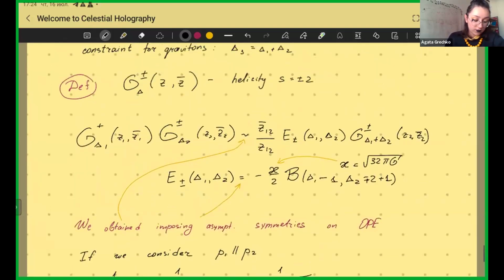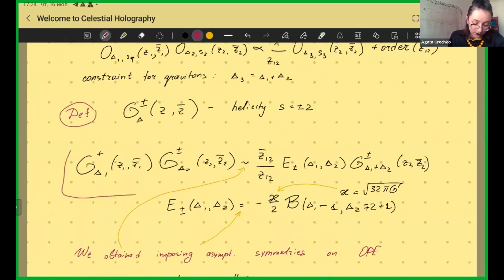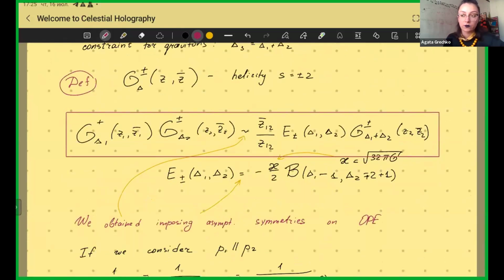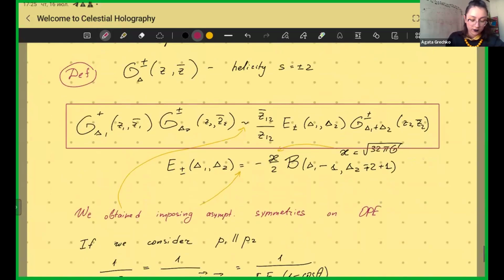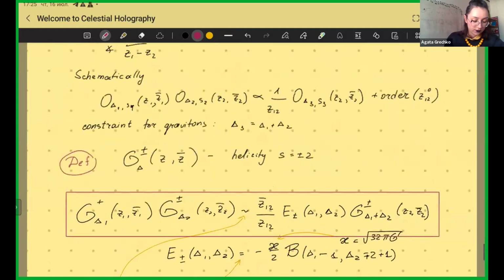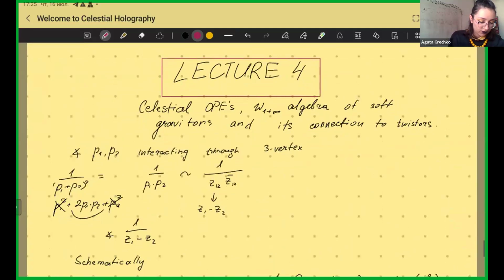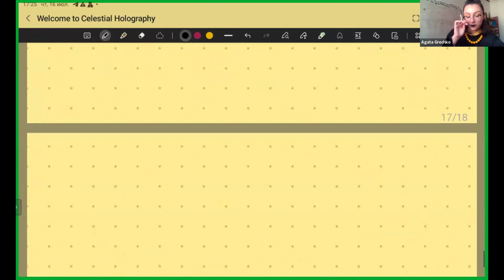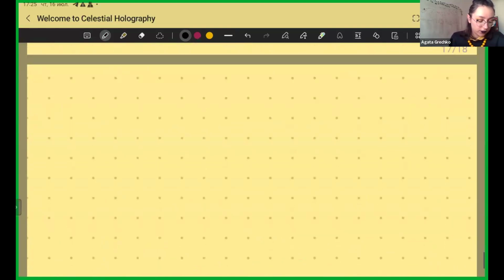So this expansion here can be obtained in two analogous ways, and this result is now important for us because, let's name this paragraph OPE, after finding this OPE, we can finally understand what is the W1 plus infinity algebra that people are all talking about.